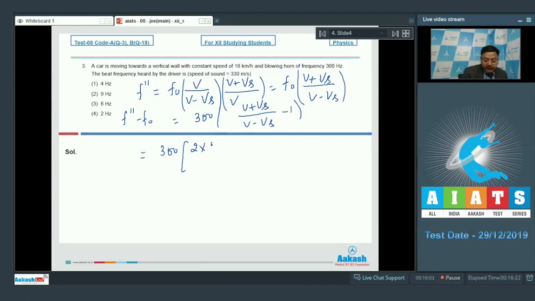So we put it as 2 into 5 divided by V minus Vs is 330 minus 5, that means 325 Hertz. On simplifying, this comes to about 9.2 Hertz.